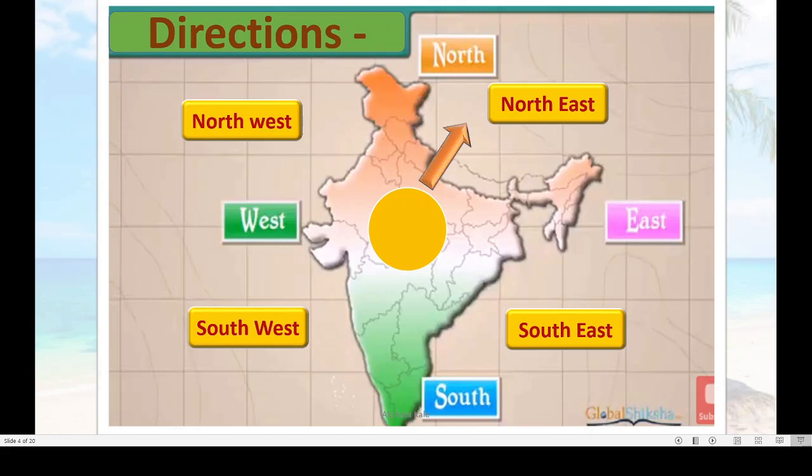This is northeast, means between north and east, that is called northeast. This is between south and east, so it is called as southeast. And this is between south and west, so it is called as southwest. Altogether there are four main directions and four sub directions, isn't it?